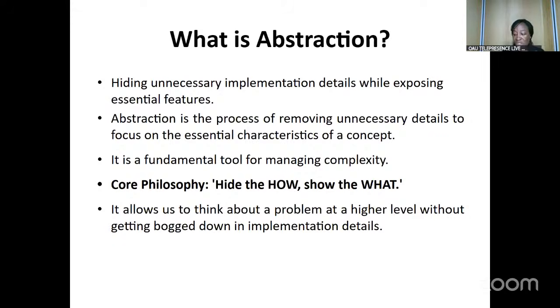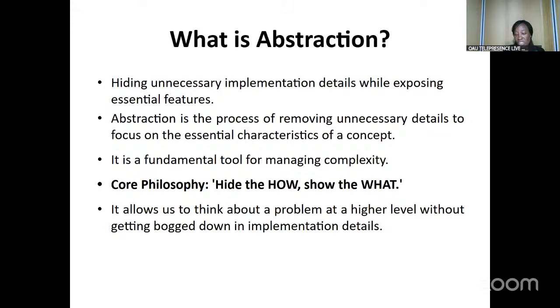So one of the definitions we have here is hiding unnecessary implementation details while exposing essential features. Abstraction is the process of removing those details to focus on those essential characteristics of a concept. So making learning easier and understanding better. It is a fundamental tool for managing complexity.